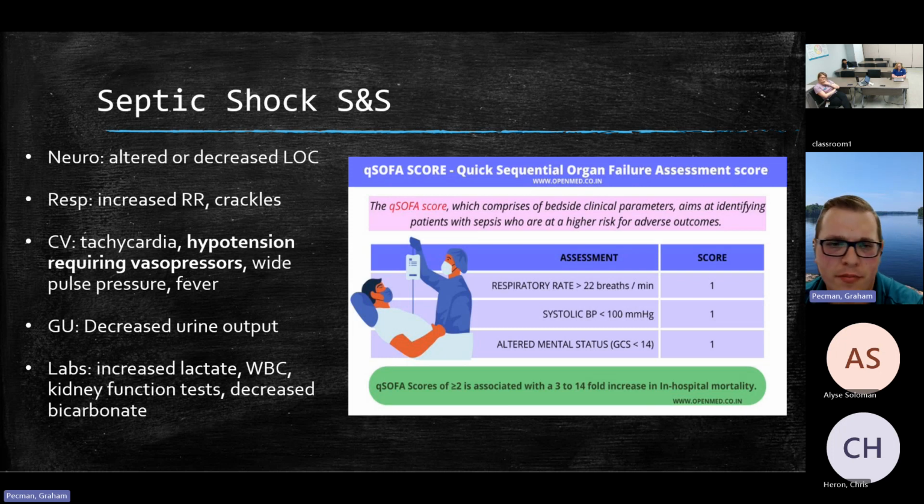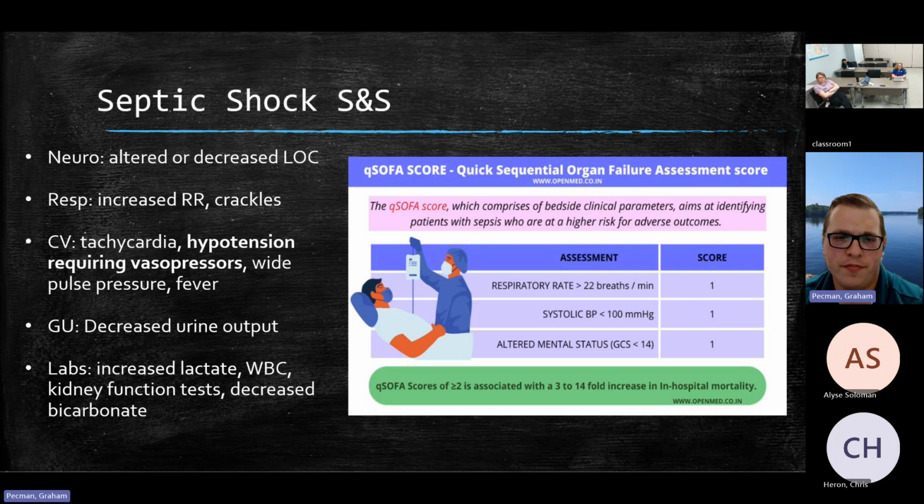This is a diagnostic stratification score. qSOFA is the name for it. It may take different forms depending on the charting system we use. Sometimes it's incorporated into EMR systems, or physicians may just do this on their own with UpToDate or things like that.